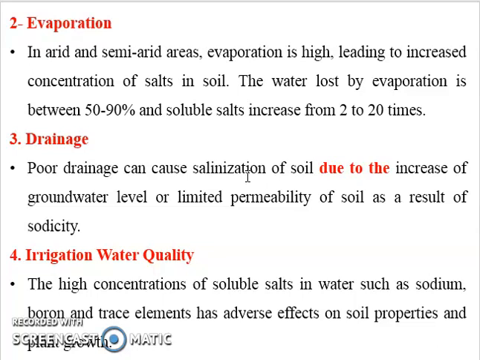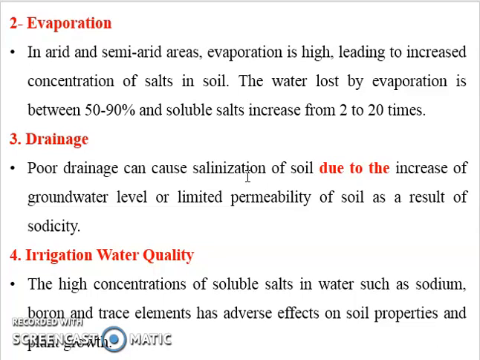The fourth important cause of soil salinity is the application of saline irrigation water, or using saline water for irrigation. The high concentration of soluble salt in water, such as sodium, boron, and other elements, has an adverse effect on soil properties and plant growth. Of course, if you apply bad water, you will deteriorate your soil.